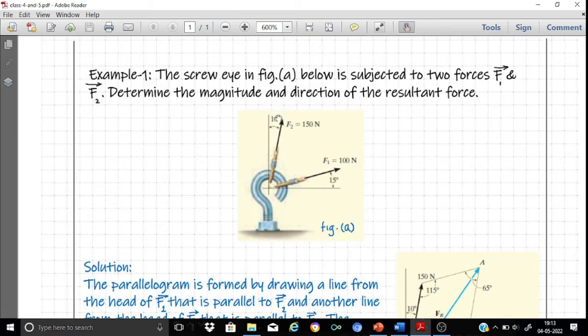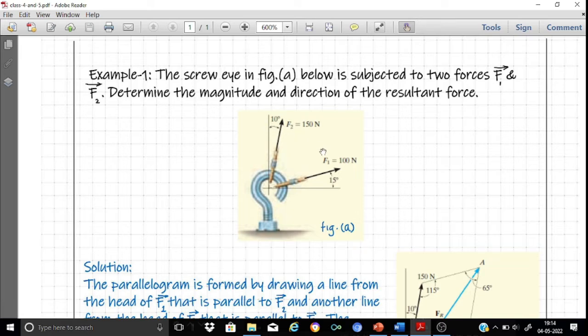As usual, we require both the magnitude as well as the direction of these components. Here is shown a screw eye, and F1 has a magnitude of 100 Newton and is inclined 15 degrees to the horizontal. F2 has a magnitude of 150 Newton and is inclined 10 degrees to the vertical.